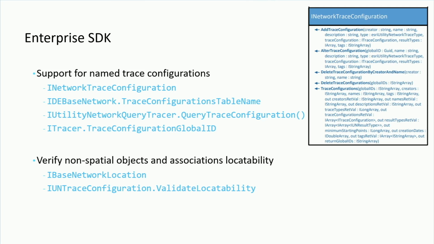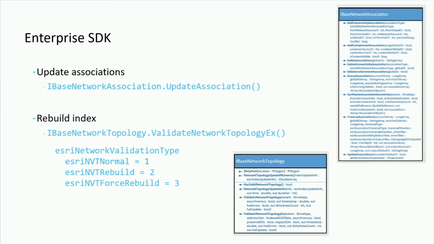And some more interfaces that we have are iBase network location, where you can work with non-spatial objects. Some more interfaces that we expose is iBase network association. This allows you to work with associations, like add connectivity associations, for example. You can add, you can delete associations, and so on.